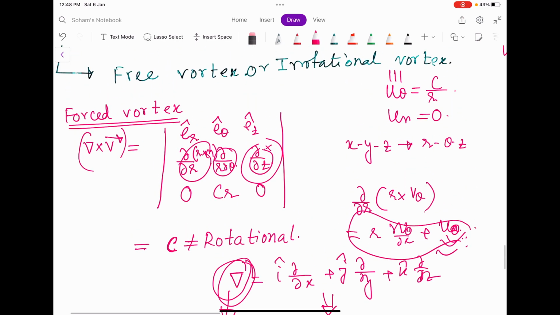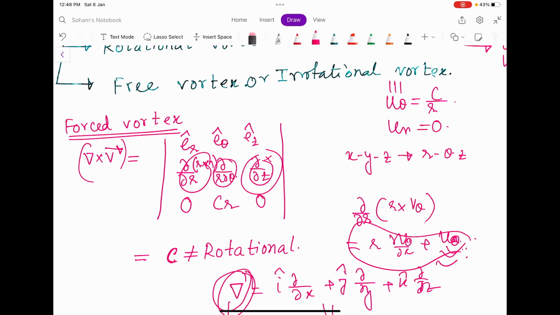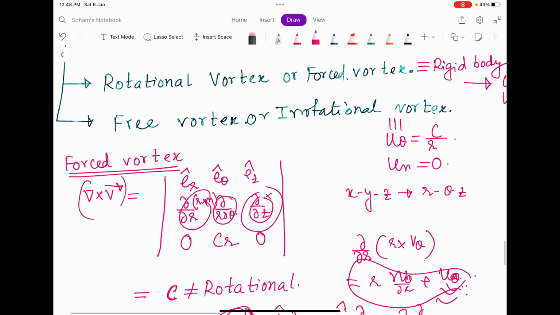So I will now take up these two vortex flows in the next class, and will present a very detailed analysis of each, and I will define a new parameter called circulation. I will explain how circulation and vorticity are correlated by Stokes theorem.